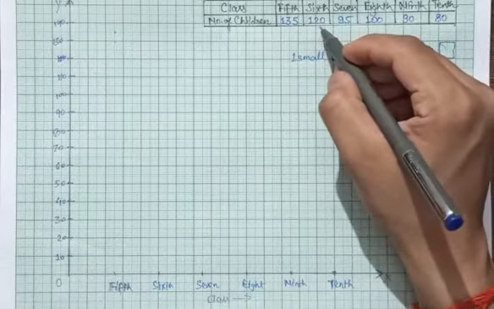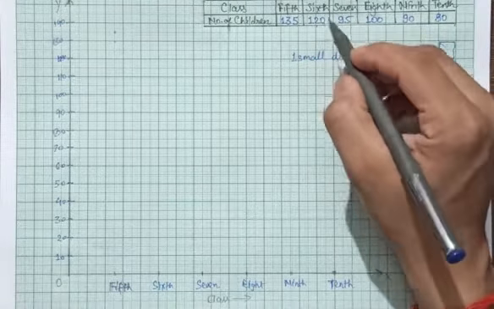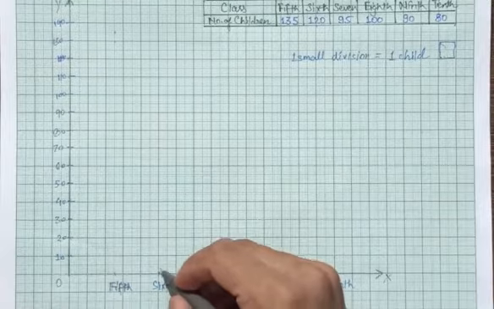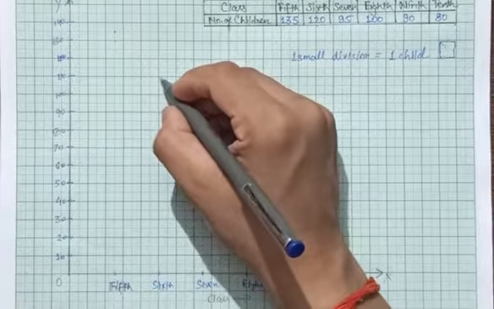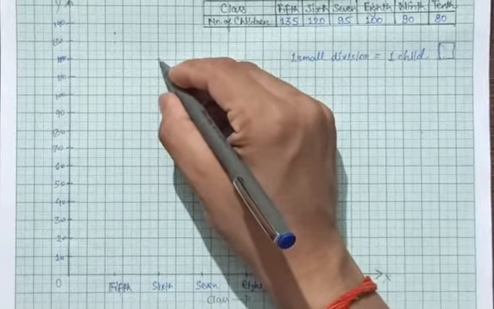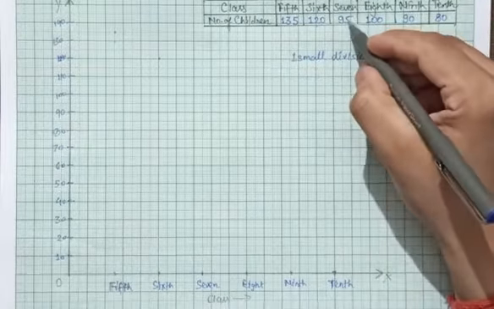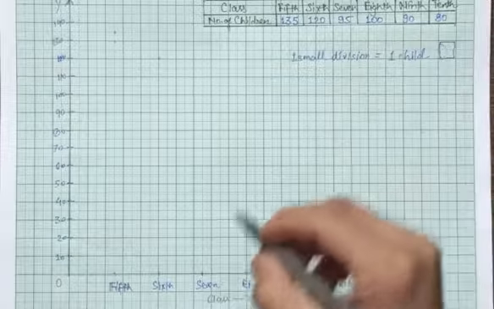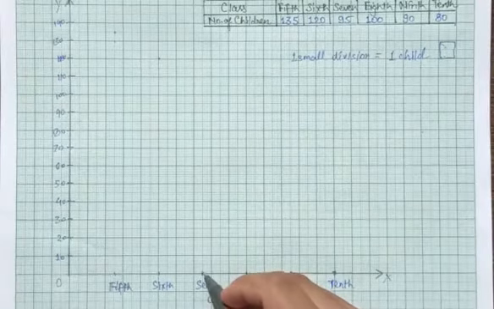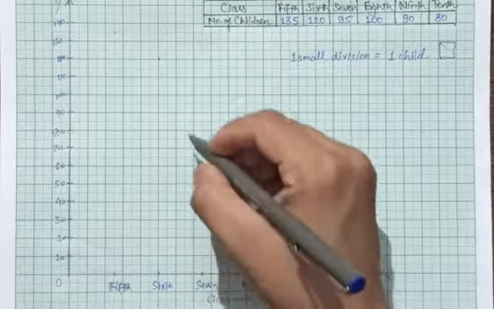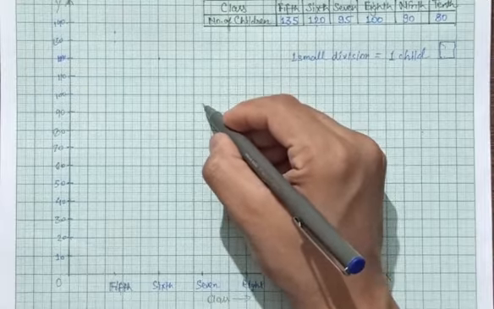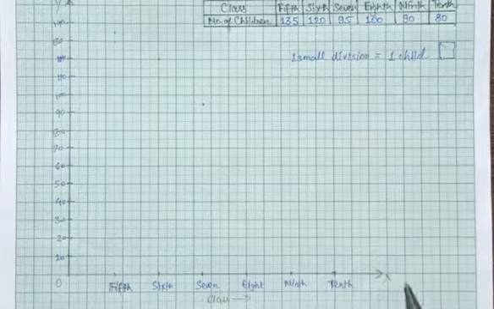Corresponding to class 6, the bar has a height of 120. So this is the mark point. After that, corresponding to class 7, the bar has a height of 95. So this is class 7 and 95 is here. So this is our required point.